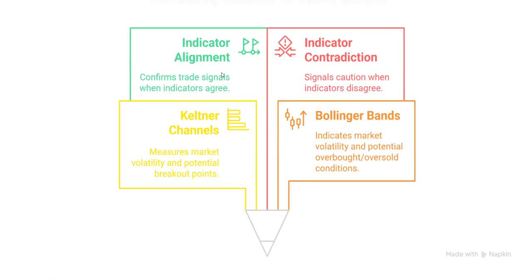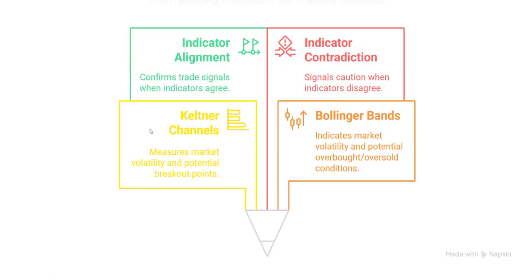Here, indicator alignment. It gives you trade signals when indicators agree. That means both the indicators, Keltner channel as well as the Bollinger Bands, are agreeing with each other. They go together. Then you will get a trade signal. Indicator contradiction.